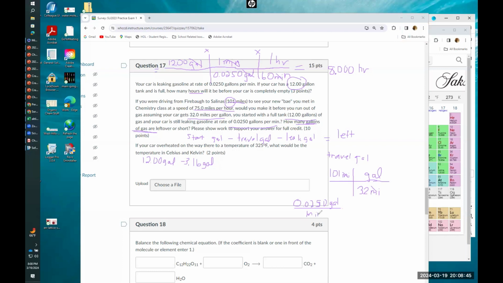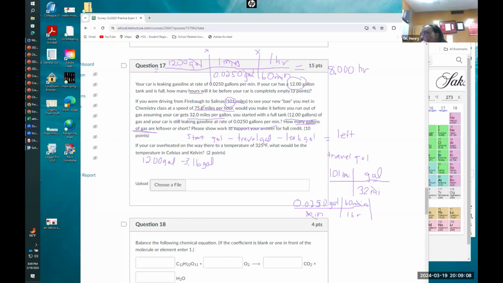Would it be 60 minutes per hour? So we're going to put 60 minutes on top to get rid of our minutes, 1 hour on the bottom. That gives us hours.